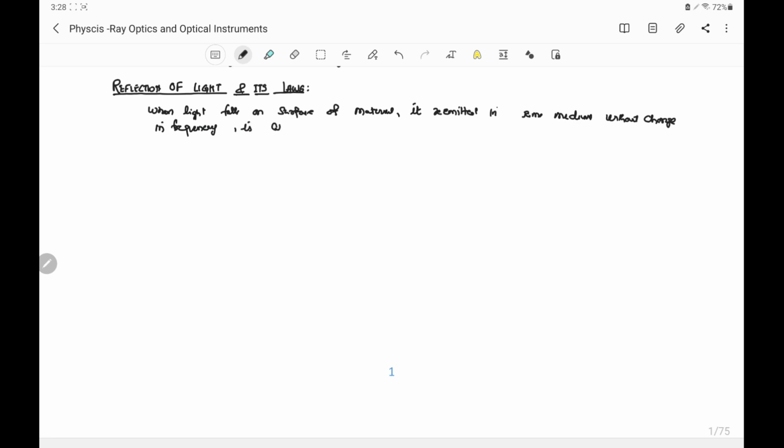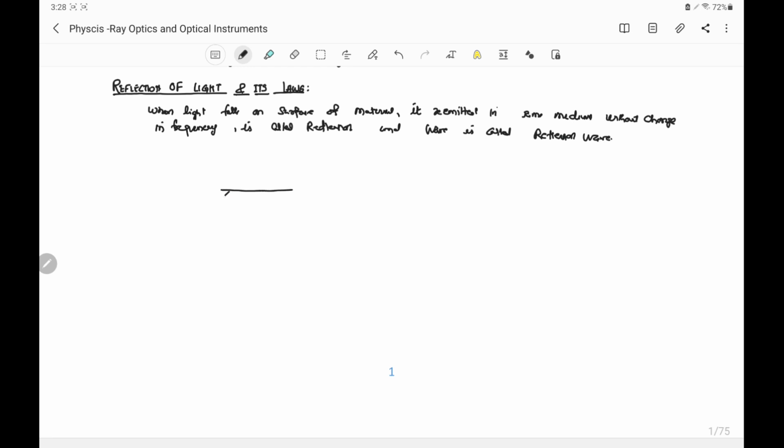This is called reflection, and the wave is called the reflected wave.